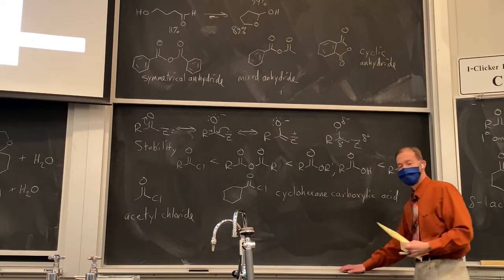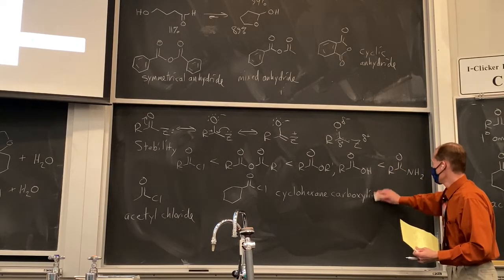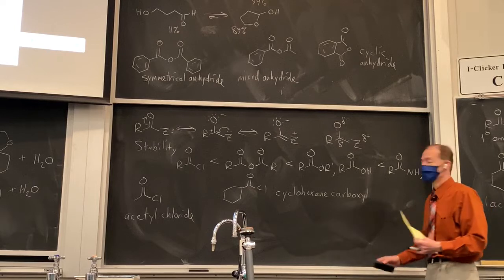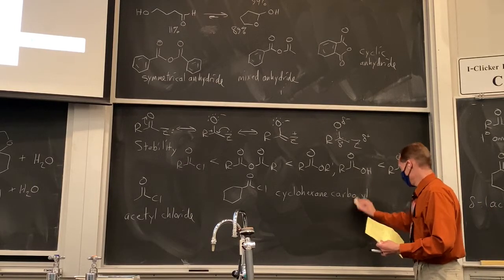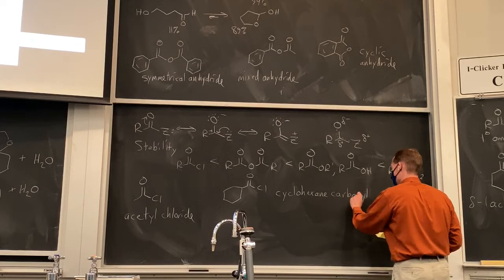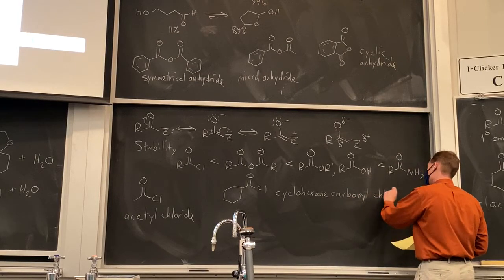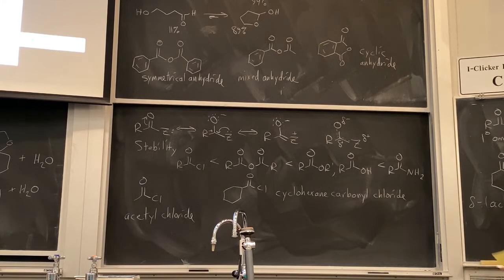In the case of a cyclic acid chloride, we drop our ic acid, but then for some reason, we have to change the X to an N, and we call it a carbonyl chloride instead of a carboxyl chloride. Okay, so this would be cyclohexane carbonyl chloride. All right, so you make that X to N switch. That's the one quirky thing of our acid chloride nomenclature when it's a cyclic acid chloride with that group coming off of the ring. Okay, any questions?